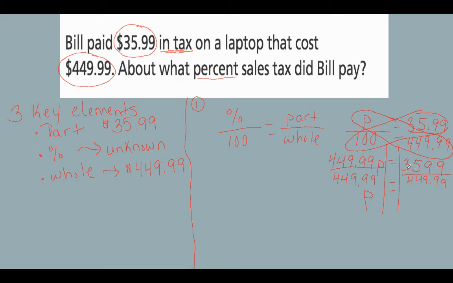P equals, well, let's get our calculators and do the division. What do we get when we do that right-hand side? 3,599 divided by 449.99.